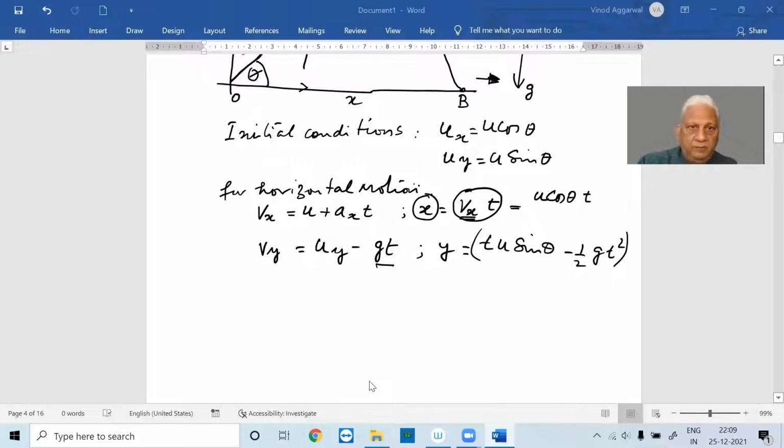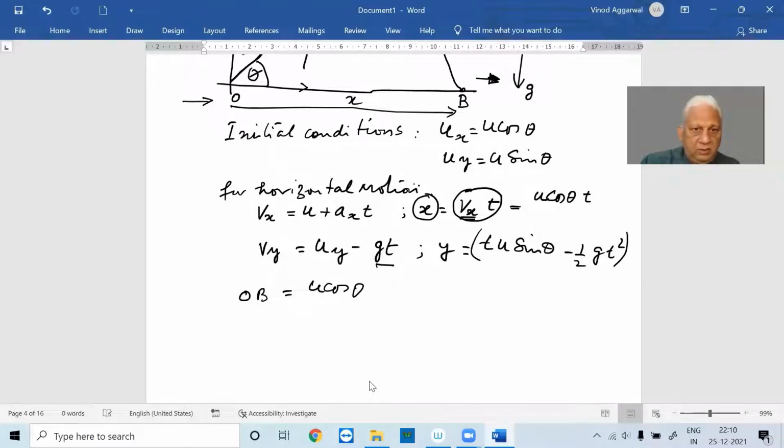Now we also know that this distance OB is equal to velocity in x direction, which was constant, which was u cos theta, times t. Okay.